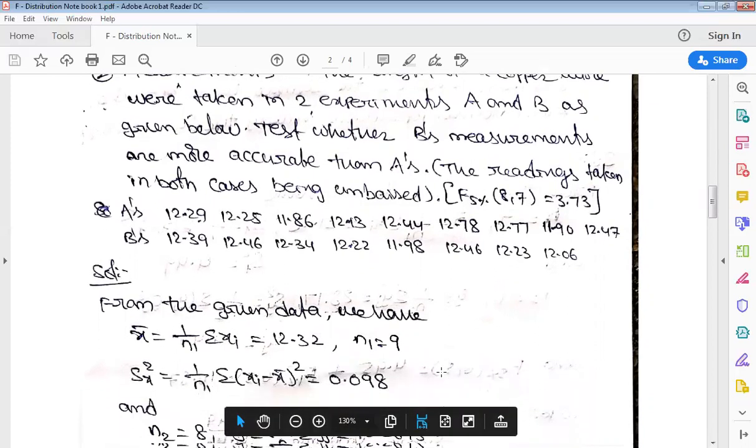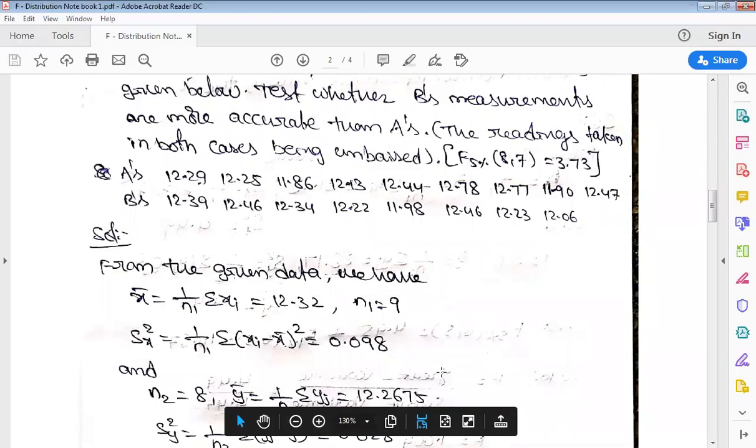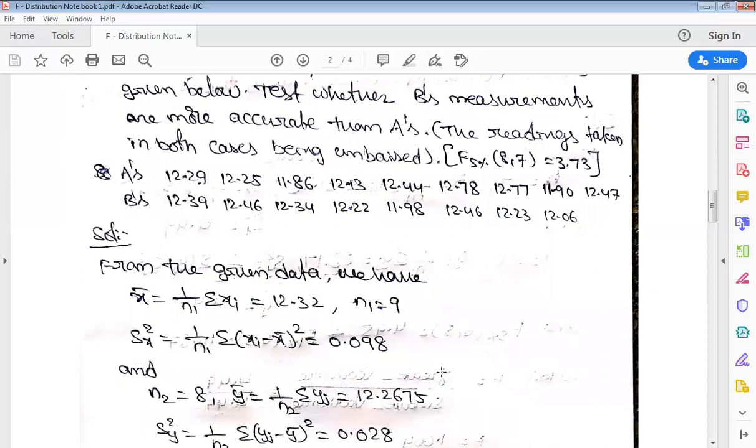Okay, so from the given data, first we need to calculate Sx square and Sy square. For this, we first need to calculate the mean x bar. The formula for mean is summation of xi by n1, and we get that as 12.32. Remember, the number of observations in A's experiment is 9, which we are denoting by n1.